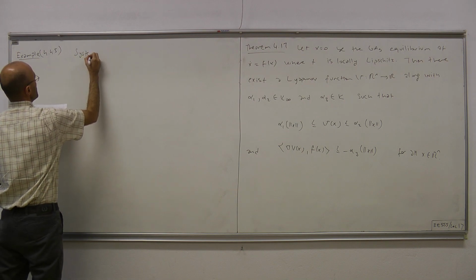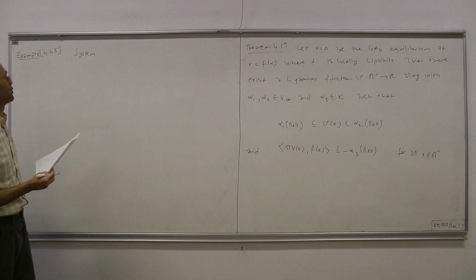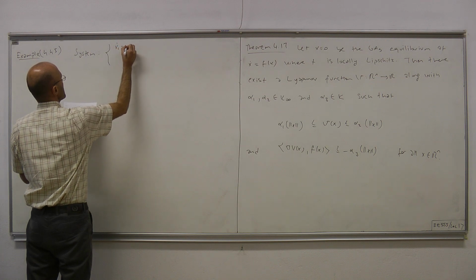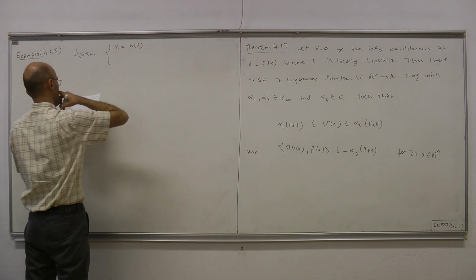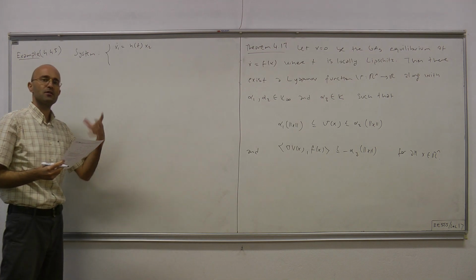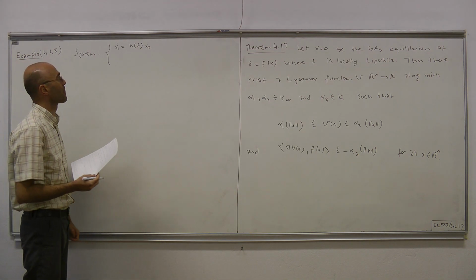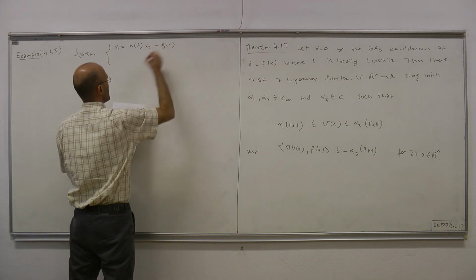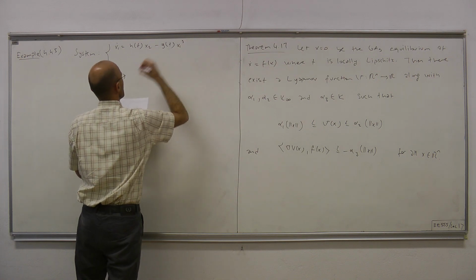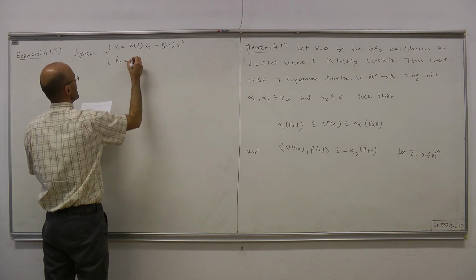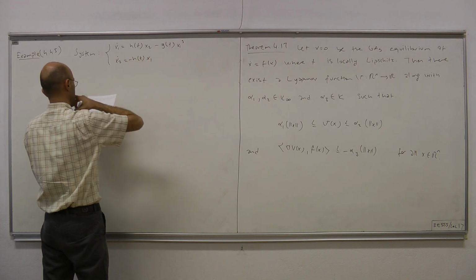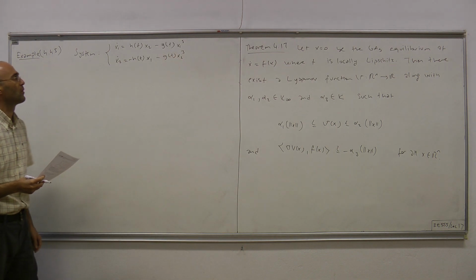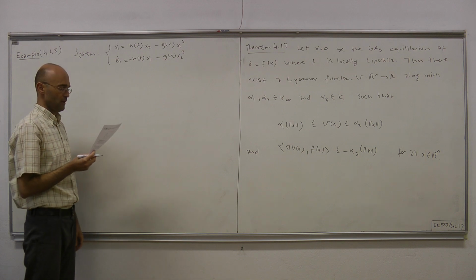Now, we will try to determine the stability properties of the origin for the following system. x1 dot equals some function h of t, perhaps representing some unmodeled effects, unmodeled parameters in the system. And we have another function g of t, x1 cubed. And x2 dot is minus h of t, x1 minus g of t, x2 cubed. Okay, so it's a non-autonomous system.